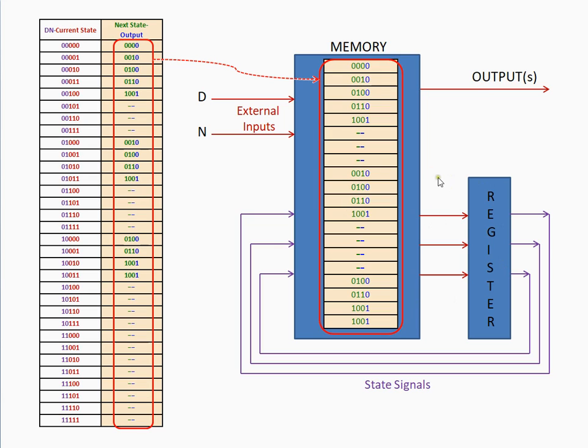As you see, this design is universal in the sense that if you had a different state diagram for a different target machine, you could still use the same hardware architecture.